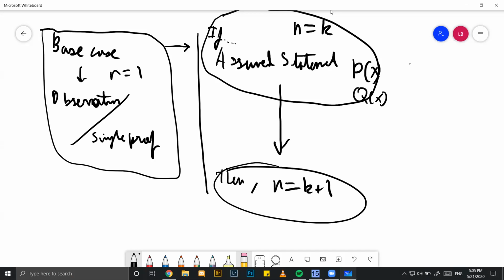What that says is that if n equals 1 is true, then the next one is true, so n equals 2 is true. Then you can go in the cycle again. If n equals 2 is true, then n equals 2 plus 1 is true, and then 3 plus 1, and then 4 plus 1, and so on. And that's how induction works.